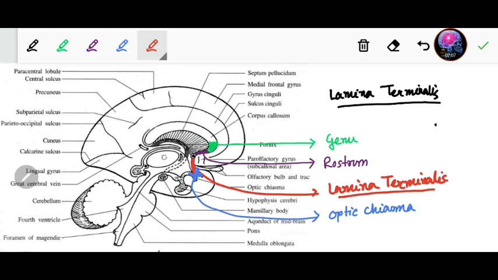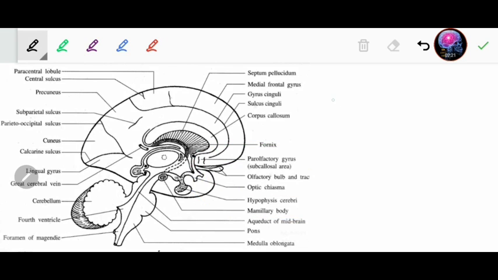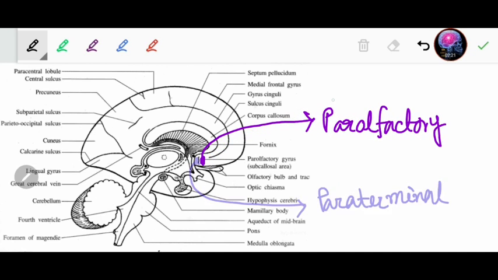Next we will discuss about the septum pellucidum. Just in front of the lamina terminalis there are paraterminal and parolfactory gyri and anterior and posterior parolfactory sulci.